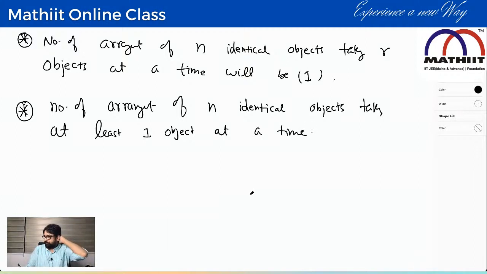Quickly, do you understand the meaning of the question? n identical, but we have to arrange at least one object at a time. So it means I can arrange one object, I can arrange two objects, I can arrange three objects, and so on.